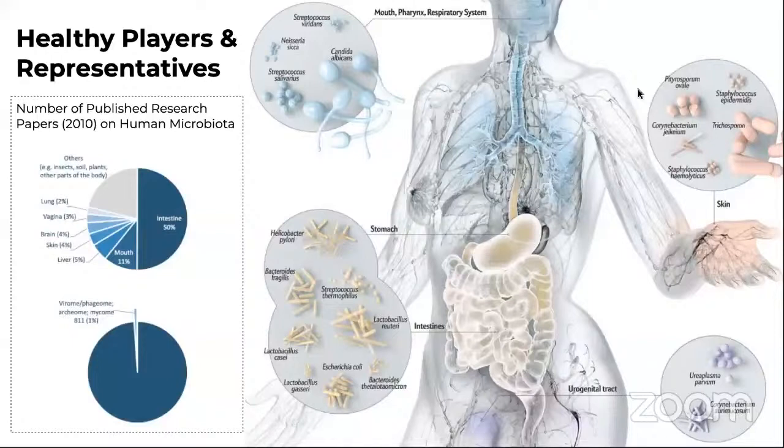But what's interesting is that in those 80,000 publications or more that have been published on the role of microbiome, more than half of those relate to the gut microbiome. Now, the gut microbiome, as is fairly obvious, is the densest community of microbiota in our bodies. And that is also the easiest community to sample because we can take fecal samples.